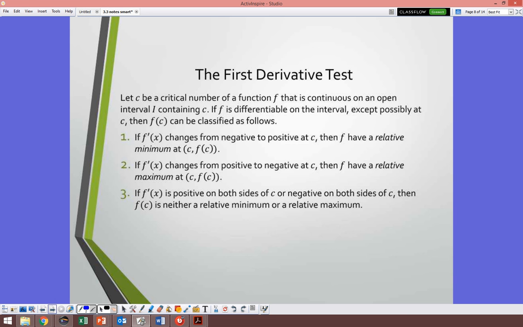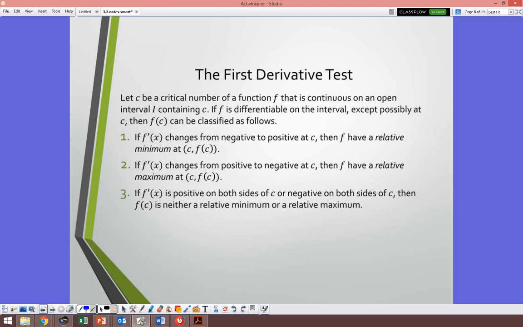It cannot take the derivative at that point, but it is continuous through there. But on the left-hand side and the right-hand side, those are differentiable. If it changes from negative to positive at c, then I have a minimum. If it changes from positive to negative, it is a maximum. If positive on both sides or negative on both sides, it is neither a minimum nor a maximum.